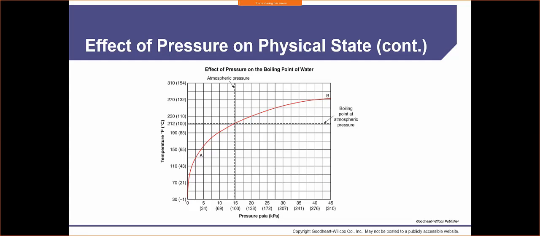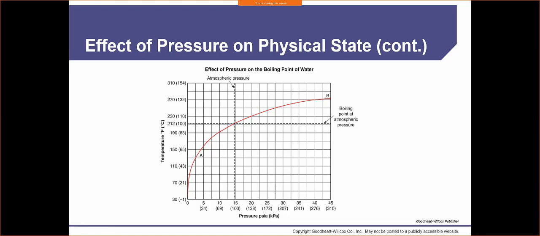What we end up doing is we want to make sure that our system is clear of non-condensables, meaning moisture, different gases, things like that that don't belong in there, things that are just in the atmosphere. And so how do we get rid of them? Well, we start pulling a vacuum on our system. As we pull a vacuum, we start reducing the atmospheric pressure that's being exerted, and we're causing everything to boil at a much lower rate.